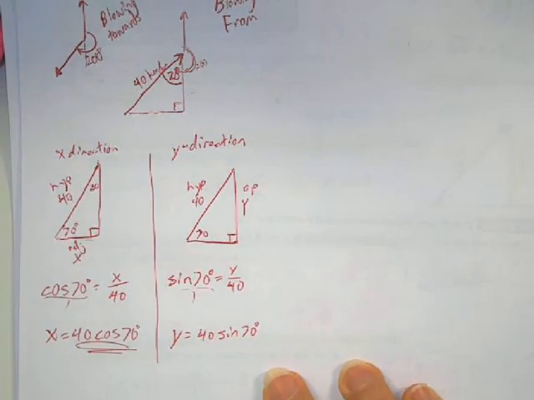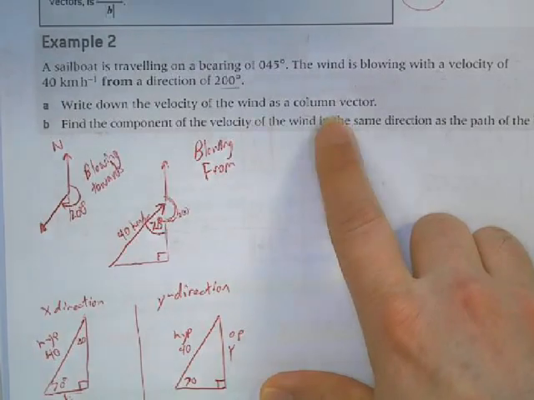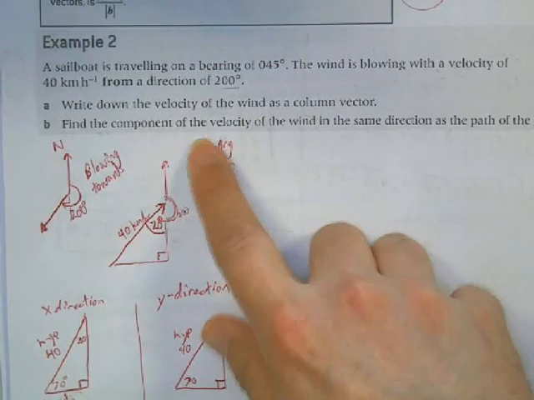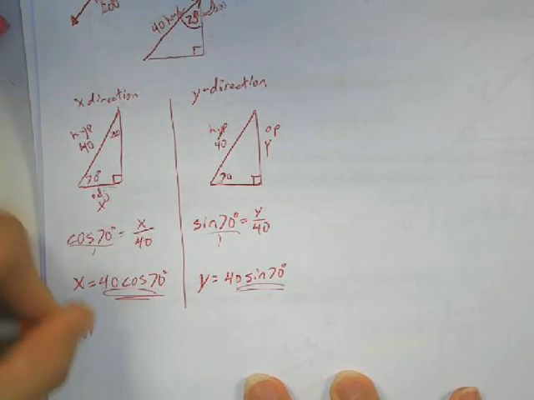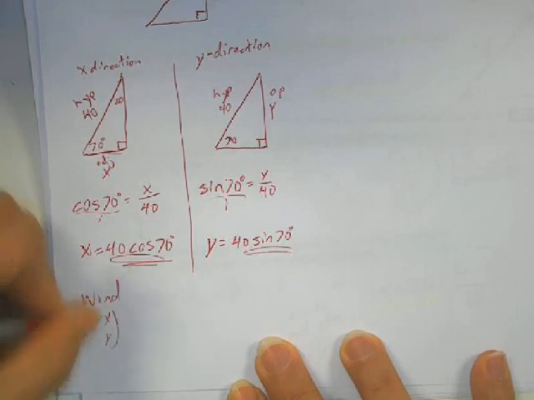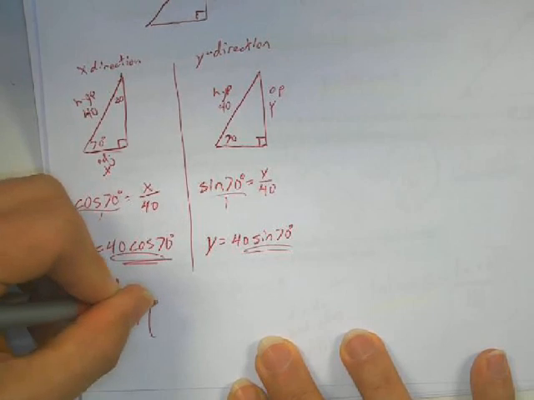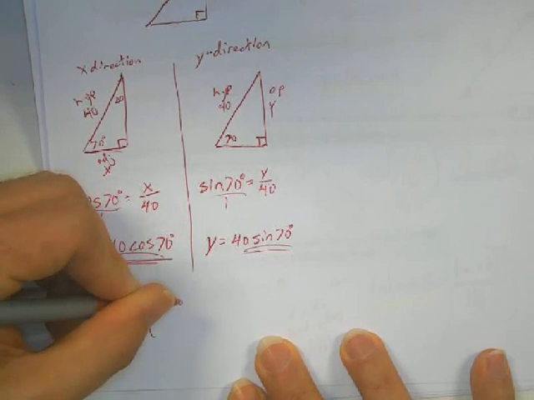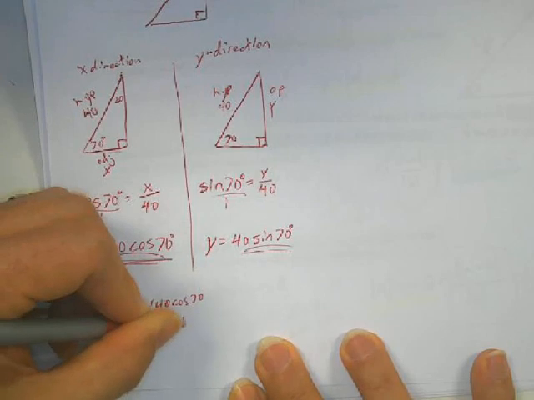Okay, so I'm trying to write this in a column vector. Write down the velocity of the wind in the column vector. So now I've got my x component and my y component. So my wind is going to be equal to 40 cosine 70 and 40 sine 70.